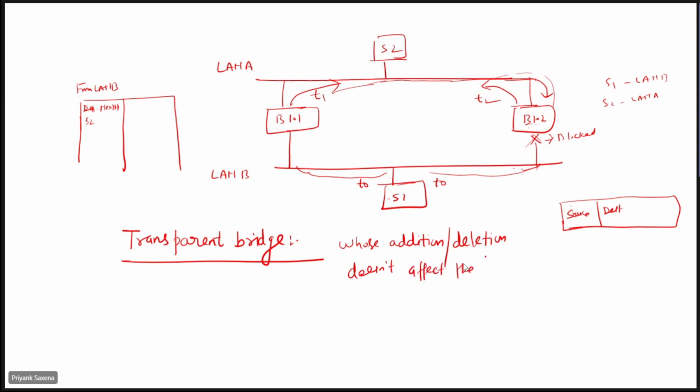The stations are not aware of the presence of a bridge. So the stations feel that they are directly connected to the network, but there is a transparent bridge.